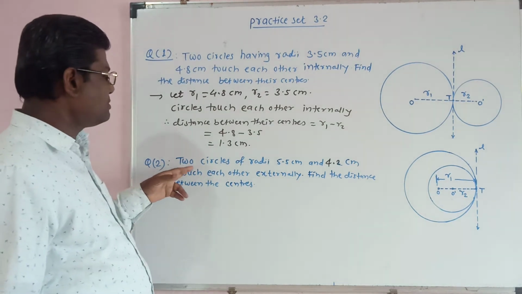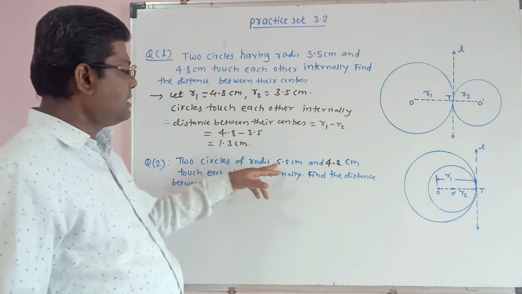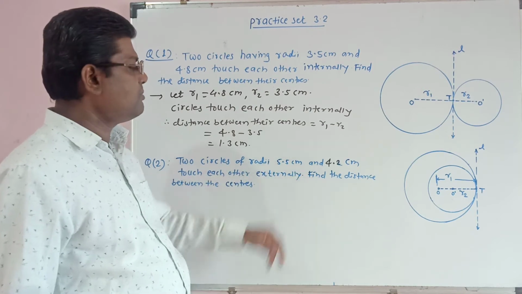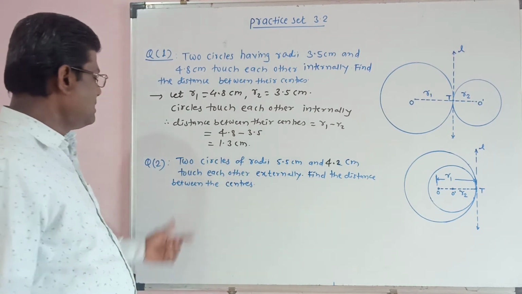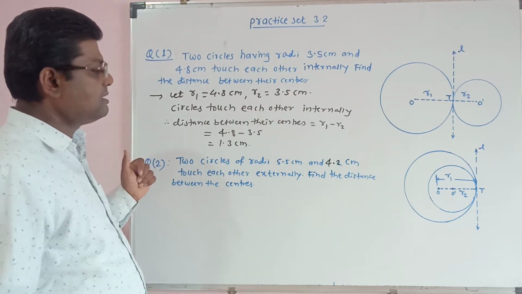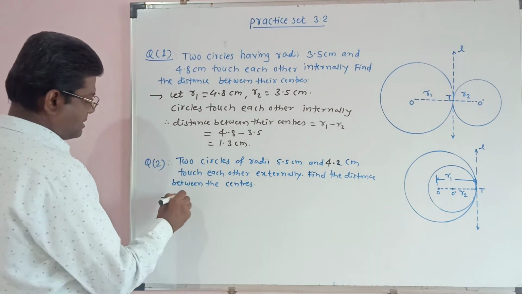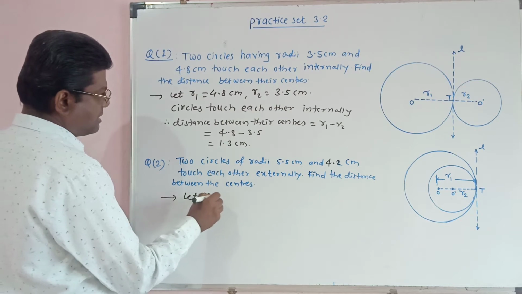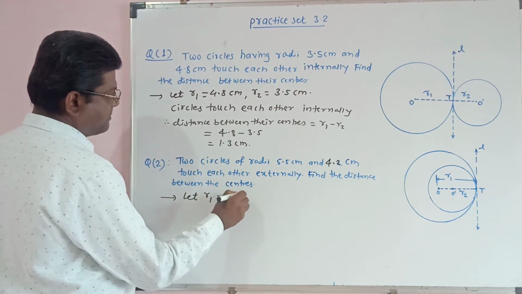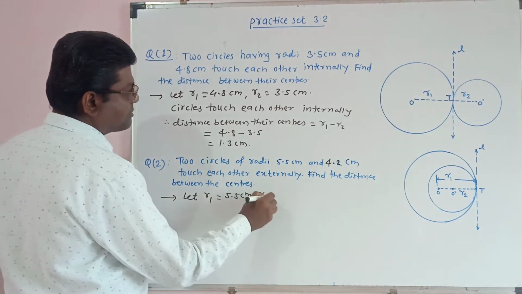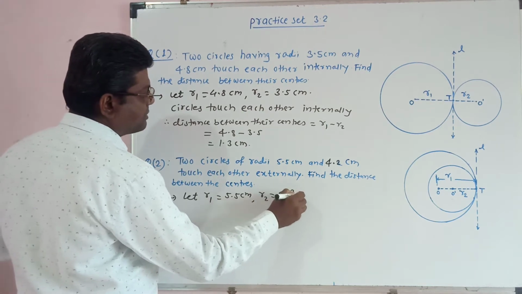Question number 2. Two circles of radii 5.5 centimeter and 4.2 centimeter touch each other externally. Find the distance between the centers. Here also let R1 is equal to 5.5 centimeter, R2 is equal to 4.2 centimeter.